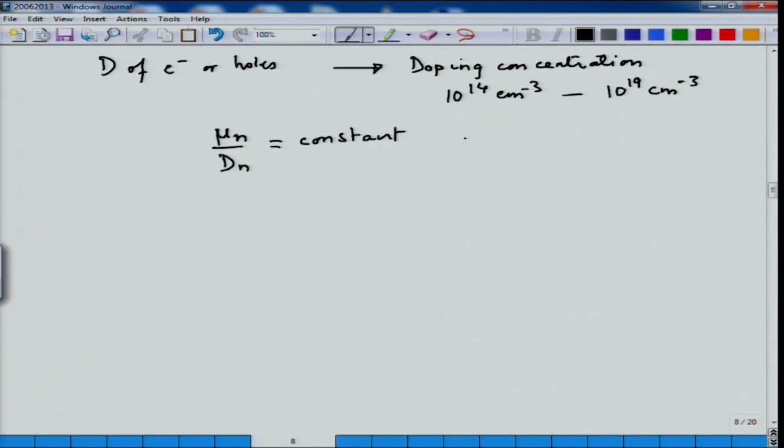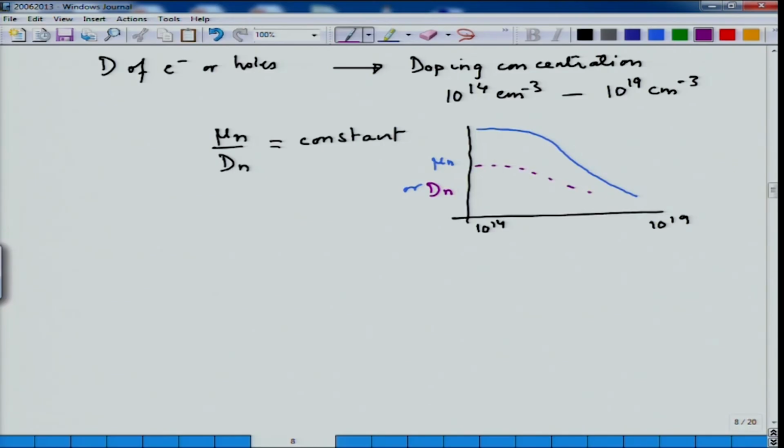Let me remind you what we saw in case of mobility in a schematic form. As we went from low to high concentration, the mobility drops like this. You can also plot for mu p, which means that D n will also follow a similar behavior. Since this ratio is a constant, it will also drop as we go to higher concentration.